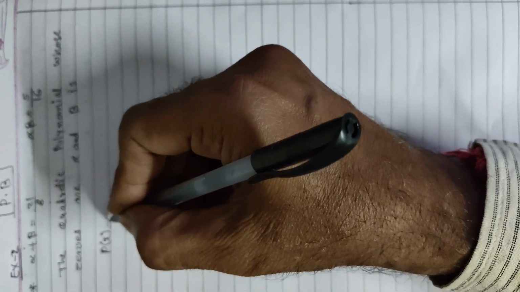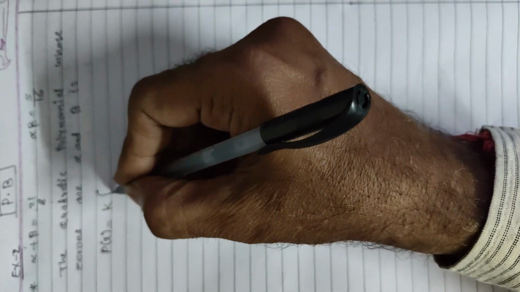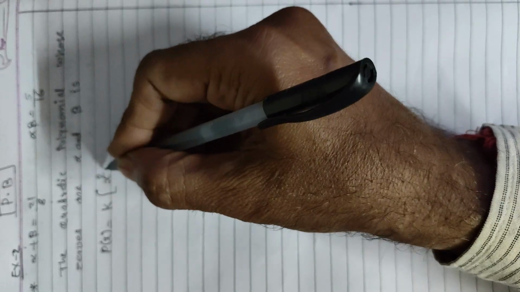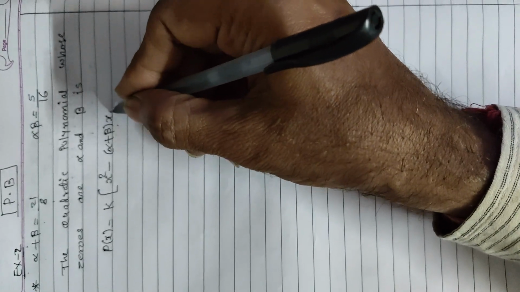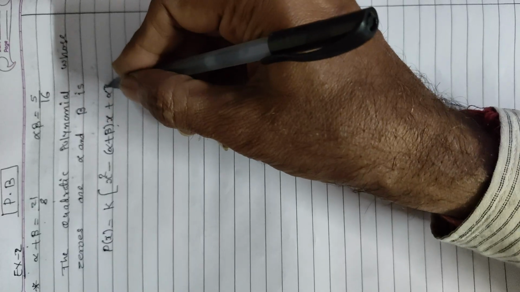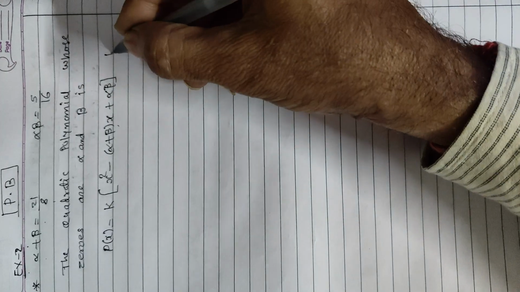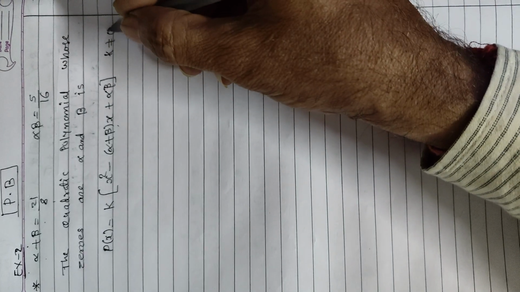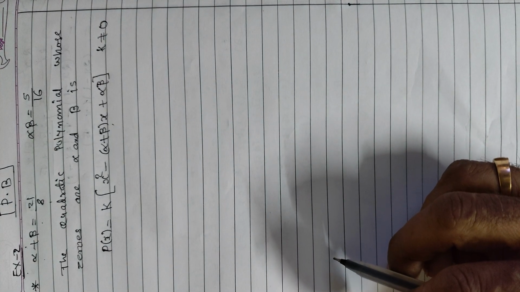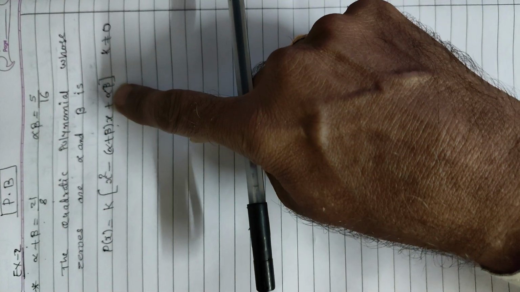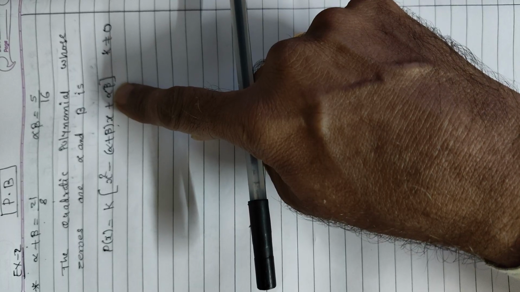P of x is equal to k bracket x square minus alpha plus beta into x plus alpha beta, where k is not equal to 0. This is the formula to find out the quadratic polynomial.